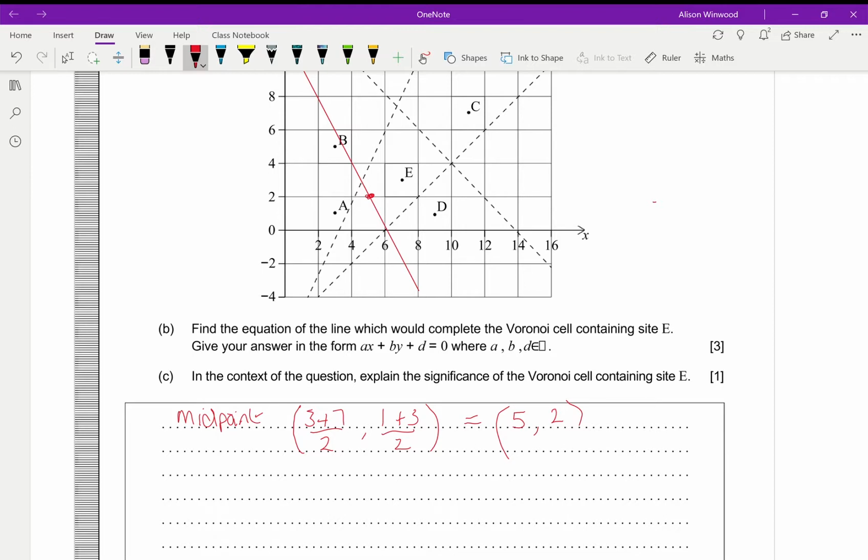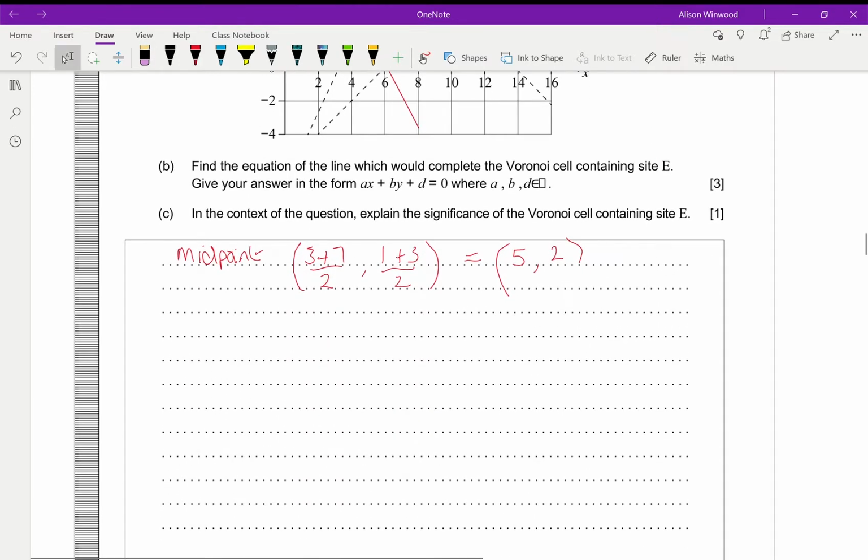Then the equation of the line, the equation of a straight line is y minus y1 equals m into x minus x1. We know the x1 and y1, they're the midpoints that we've just worked out.